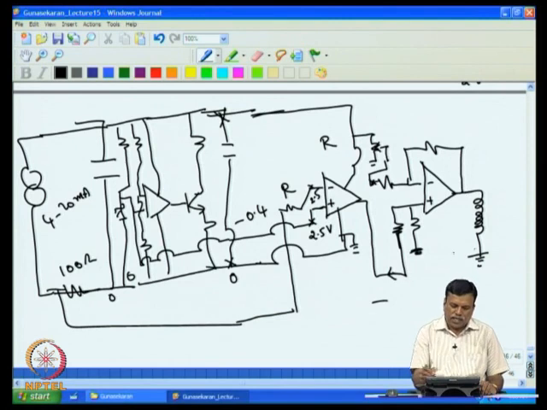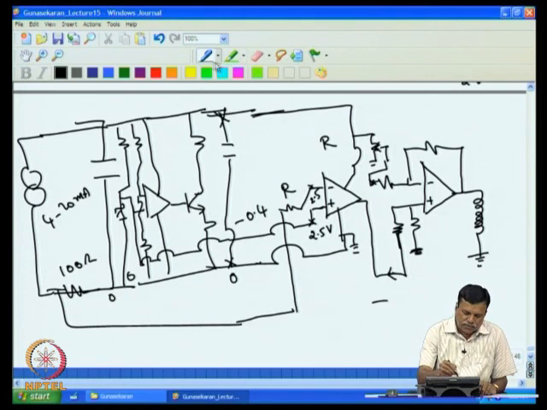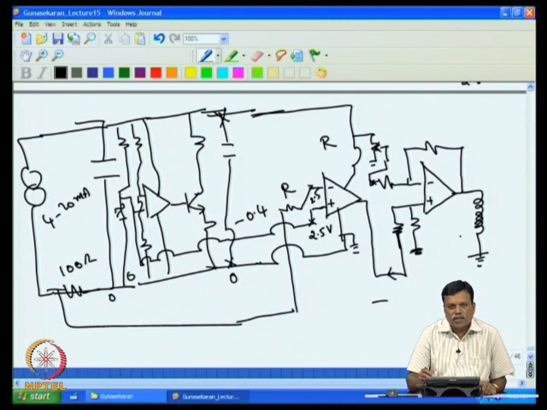So if the current is more, obviously you will have more error voltage, and the valve also will be moved more. So this is an example I showed you of how to use this 4-20 milliampere current source such that you will get the power and the signal can be used for whatever purpose that we need.